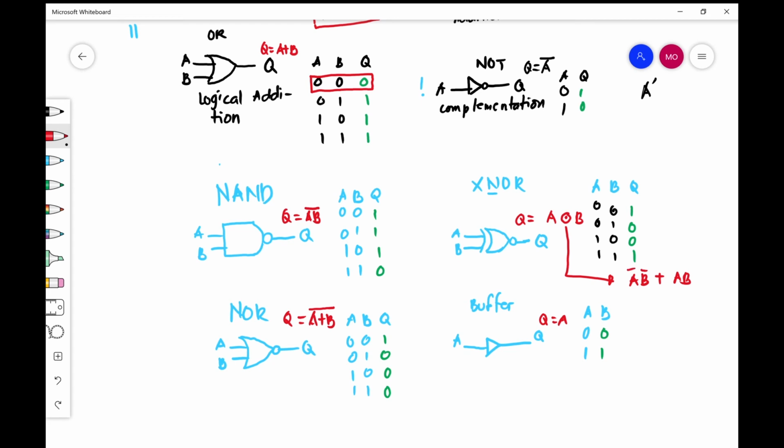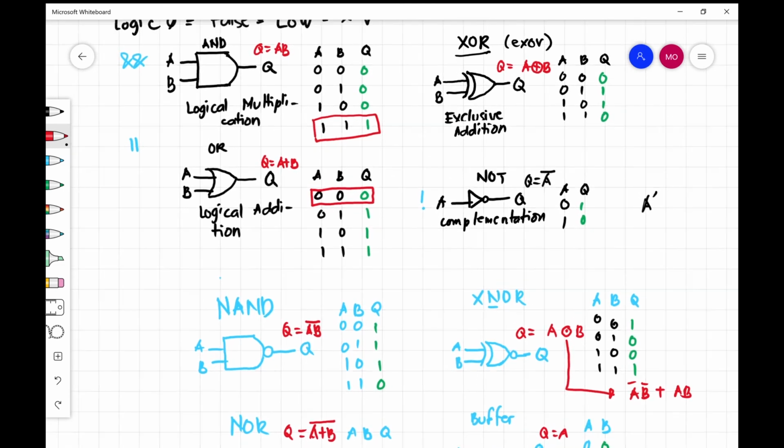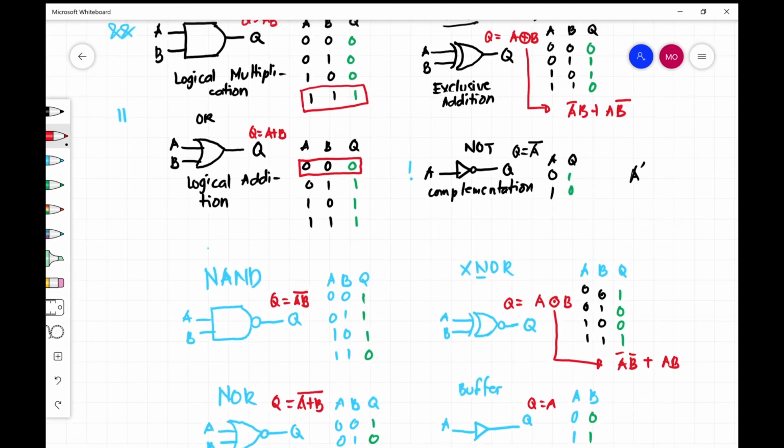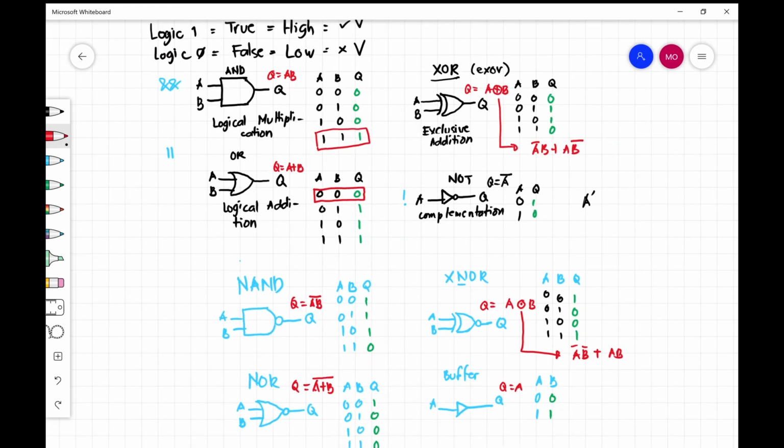Okay. Let me just go back to your XNOR. This can be expanded as AB plus AB, with a bar on top of the A, and the other bar on the second term, which is on top of B. So these are your first 8 gates.